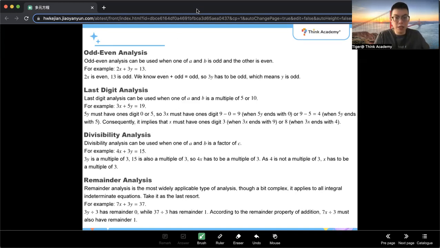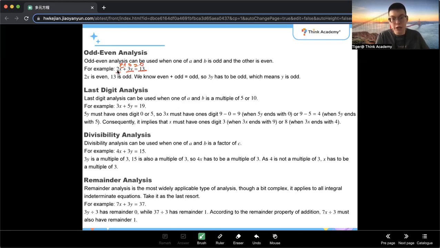So let's say the first one is the odd-even analysis. It can be used when one of the coefficients is odd and the other is even. So we have 3 being the odd coefficient, 2 being the even coefficient. Now, 13 is also an odd number, and we know that even adding odd is odd, right?